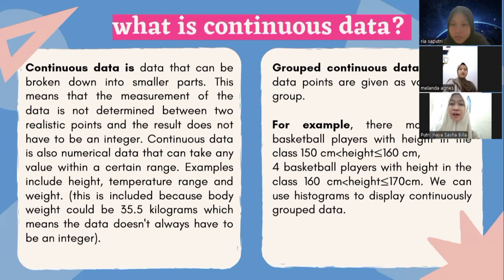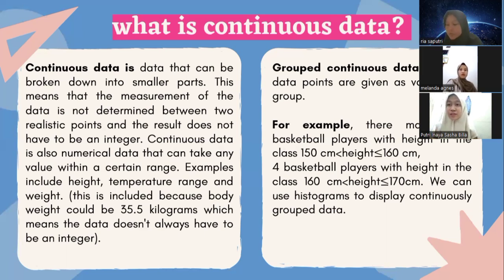Examples include height, temperature, and weight. This is included because body weight could be 35.5 kilograms, which means the data doesn't always have to be an integer. Next, group continuous data is where data points are given as values of a group.